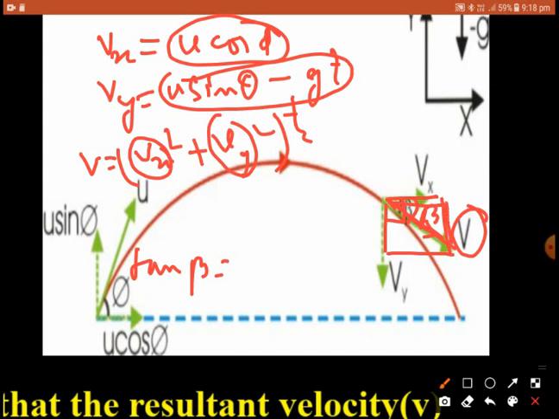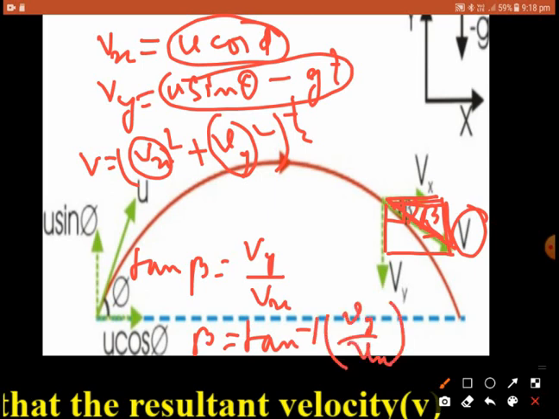Perpendicular means this is vy, divided by this, which is vx. So beta will be equal to tangent inverse of vy divided by vx. This will give you the direction of the velocity at any instant of time t.